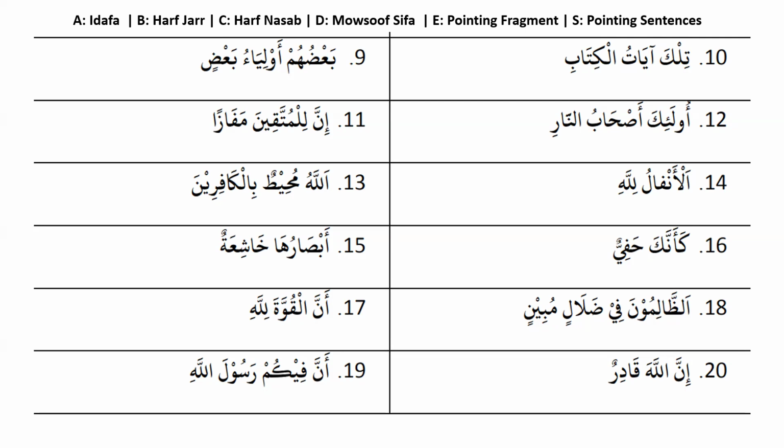Number 19, anna fikum Rasulullah. I'm not going to help with this one. Someone should translate it properly, because you know all the meaning of this sentence. Let's see who can do that. Anna fikum Rasulullah. Anna means that. That in them, Rasul of Allah.